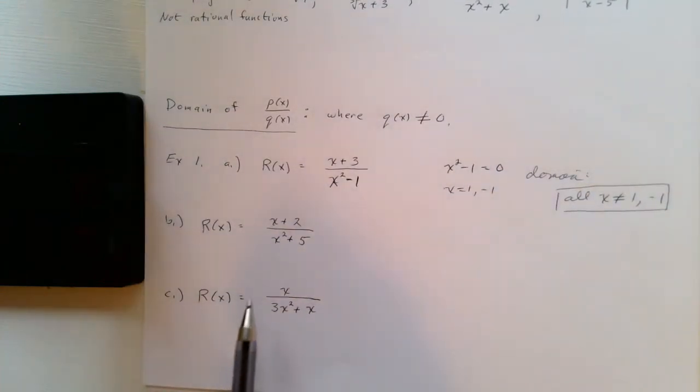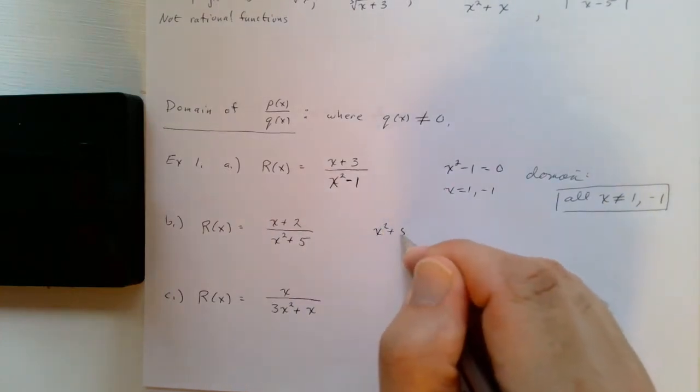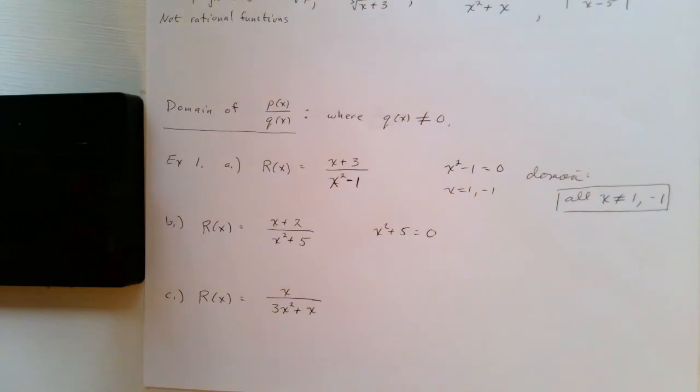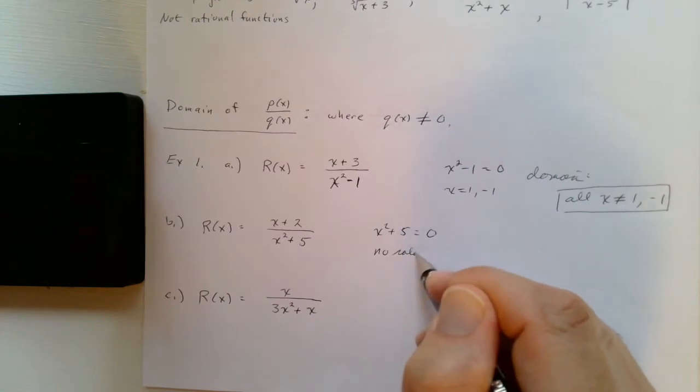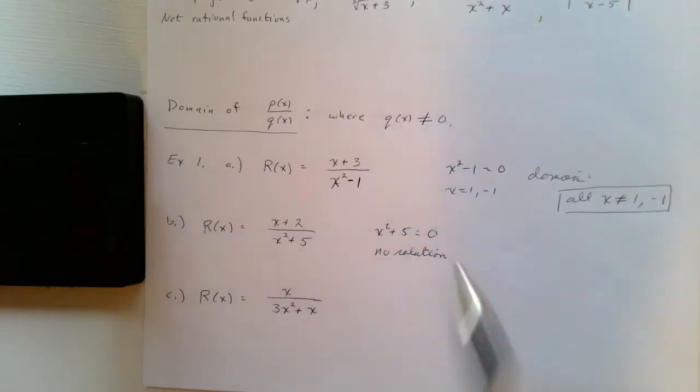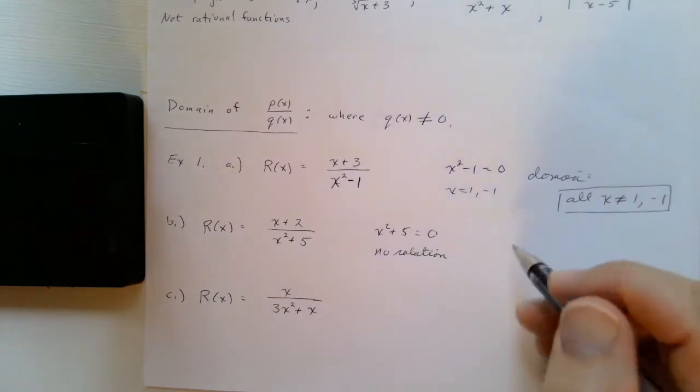Here on part B, the denominator is x squared plus 5. You try to set that equal to 0, you get x squared is negative 5, so there's no solution here, at least not in the real numbers, and that's all we're considering right now. So this is defined. We can plug any number in for x we want, so the domain is all reals.